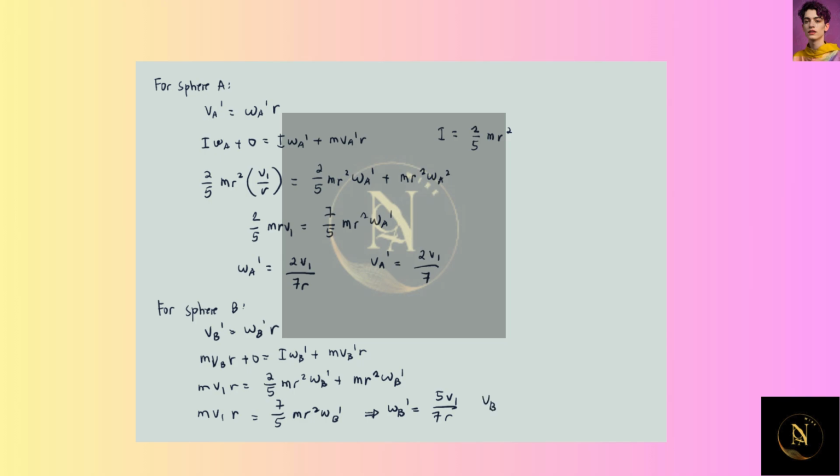Since VB prime is equal to omega B prime times R, VB prime is equal to 5 V1 over 7. Hence, the answer for letter B is VA prime equals 2 V1 over 7, and VB prime equals 5 V1 over 7.